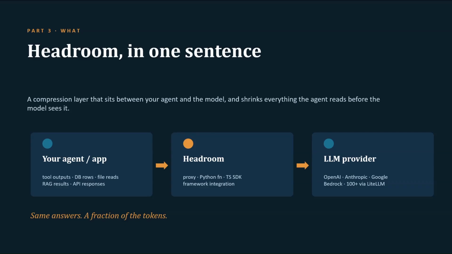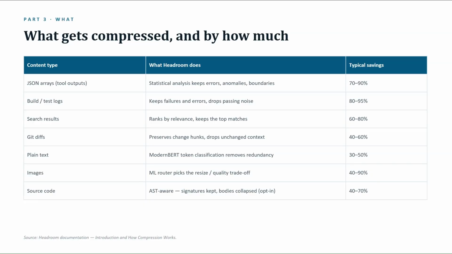In between, we introduce Headroom, which compresses whatever the agent gives as input to the provider. That data is compressed in Headroom and then goes to the LLM provider. In this way, we compress the data and reduce the cost and improve efficiency. So what gets compressed?